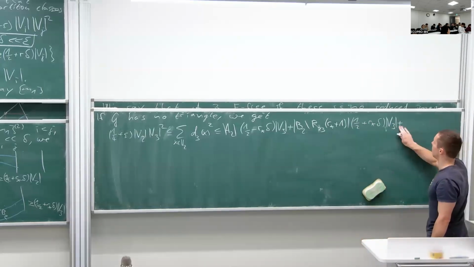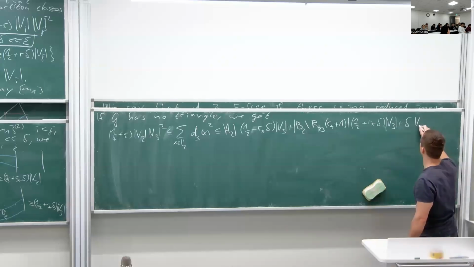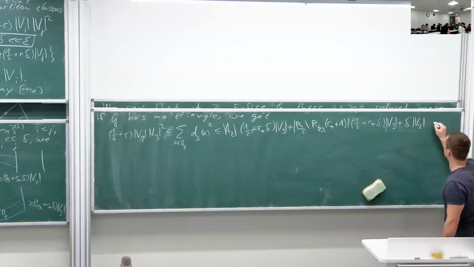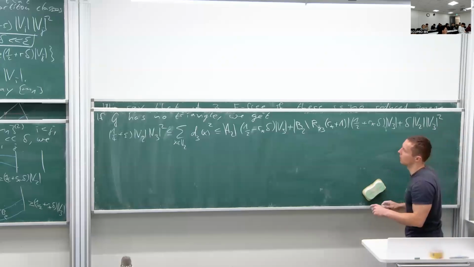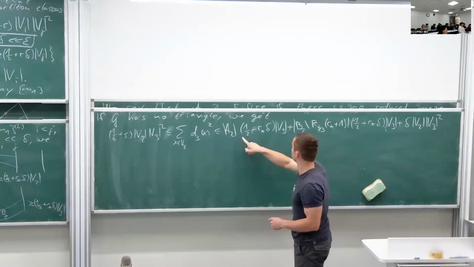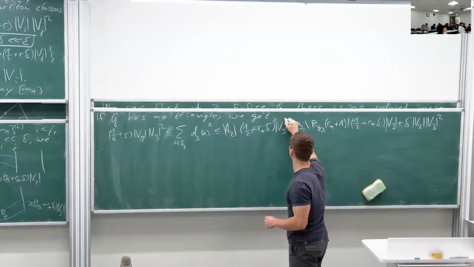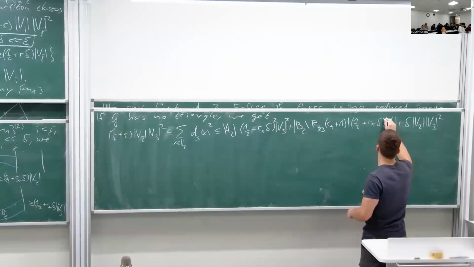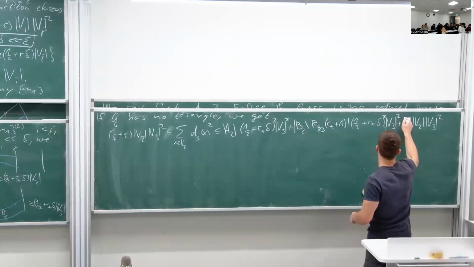And then we have the exceptional vertices, which are at most this many, and for those we don't have a bound, and we need some squares. So here we get this squared, and here we get this squared, and this squared.